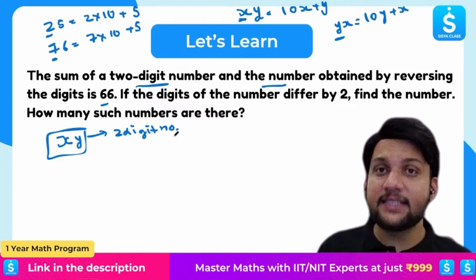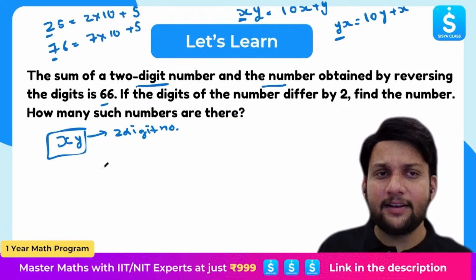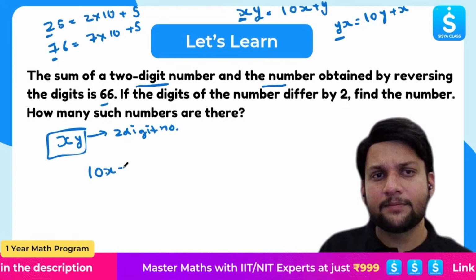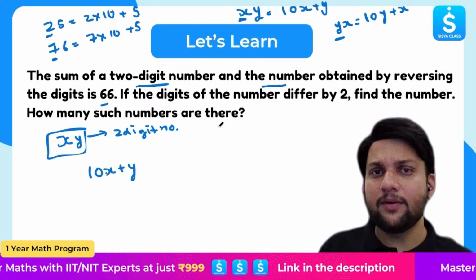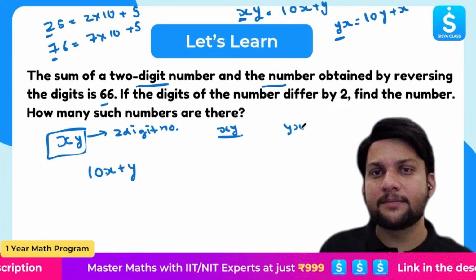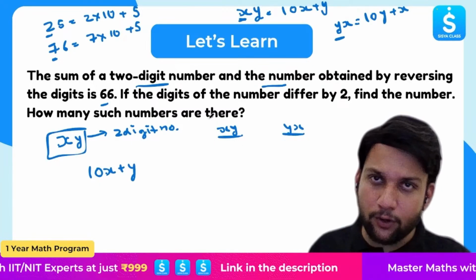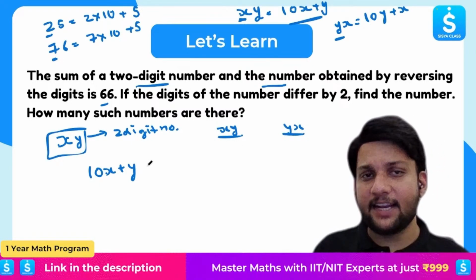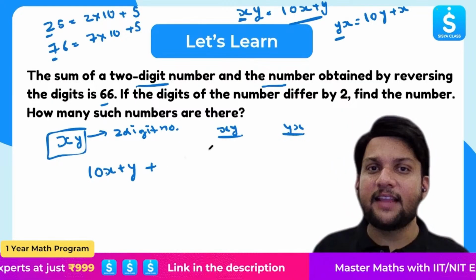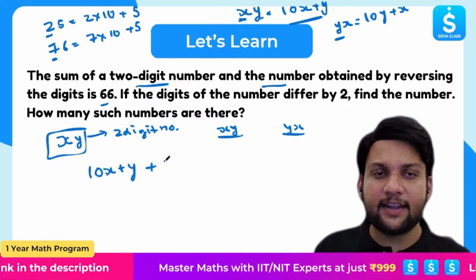We have to find the sum, right? So XY, I can write as 10X plus Y. Yes, that's what it was saying, no? XY. And if I reverse the digits, it will become YX. You only told me in the previous section that XY I can write as 10X plus Y. And the number obtained by reversing the digits, that means YX, will be 10Y plus X.